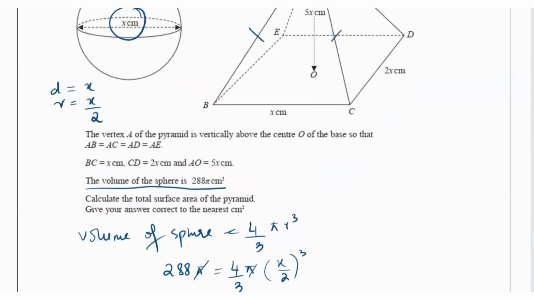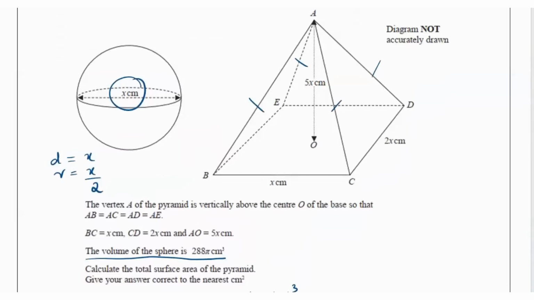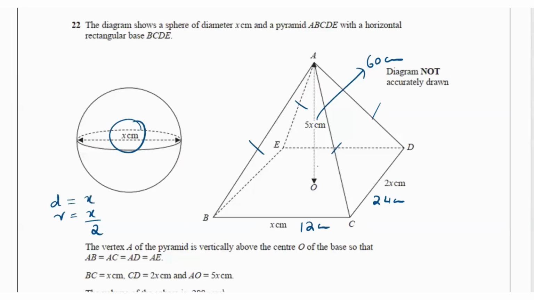Now going back to our pyramid, we have to find the surface area of the pyramid. So if x is 12, this is 12, this is 24, and this is 60 centimeters, because 5 times 12 and 2 times 12. So as you can see in the base, we have two separate measurements. One is 2x and the other is x. So if I want to find the height for the triangle ACD and ABE, this is my height for that.